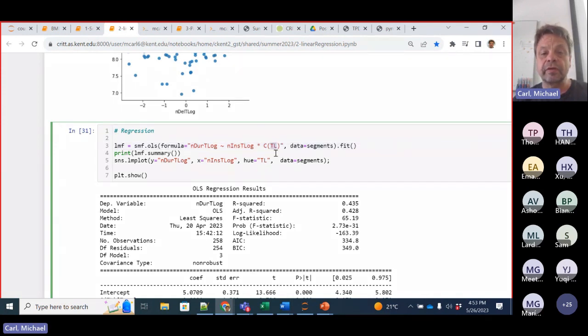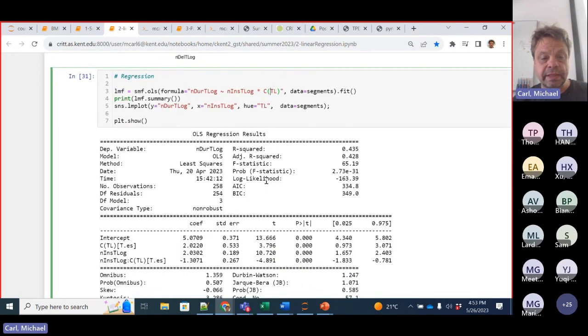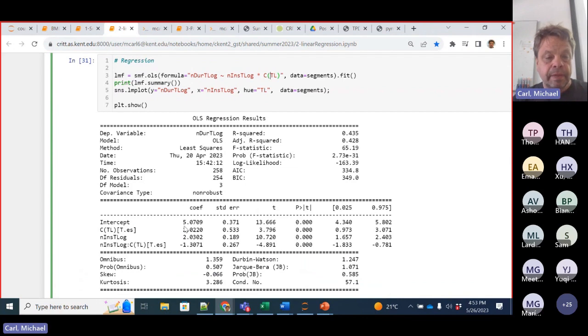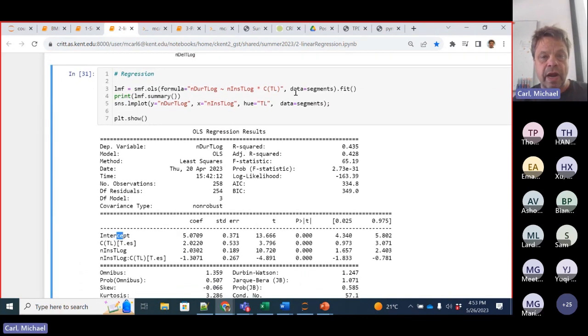It should be taken as categorical, and it will then do this analysis for both target languages. What we can see here is that we have Arabic and Spanish, and the intercept for Arabic is 5.07, and the intercept for Spanish is a little bit higher.